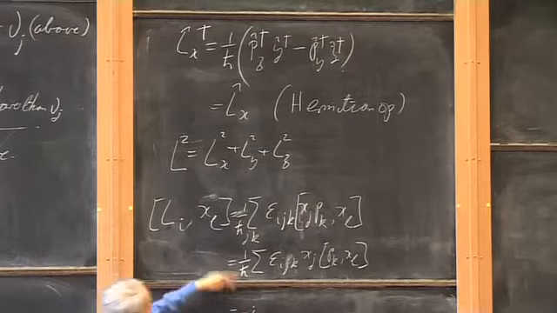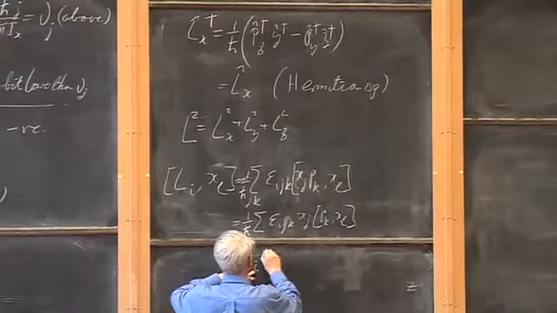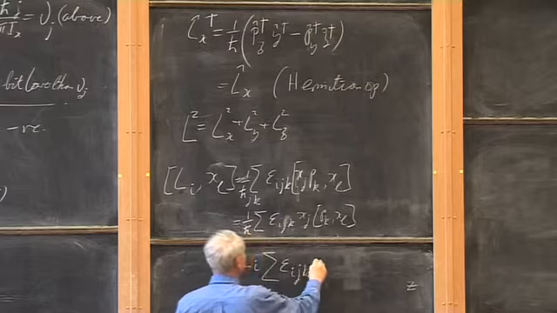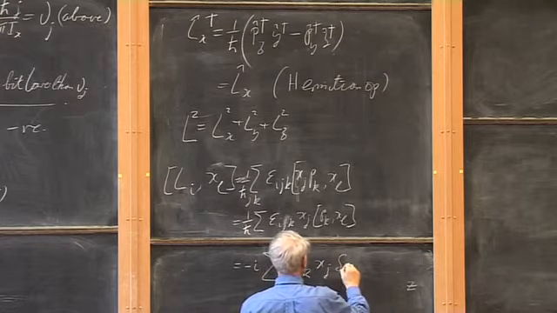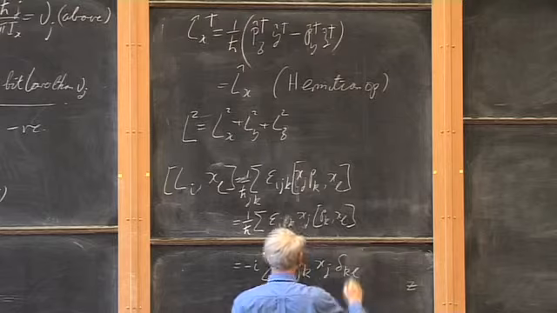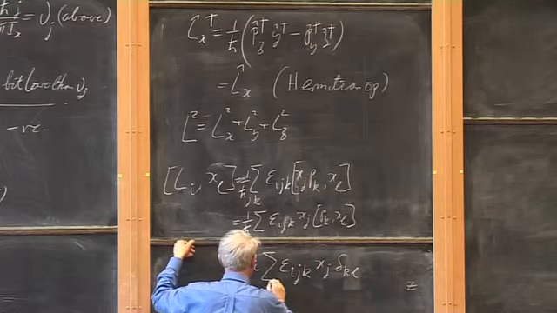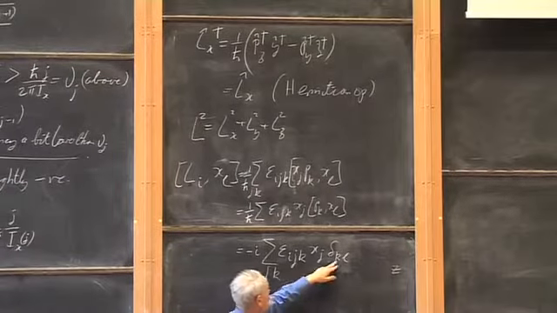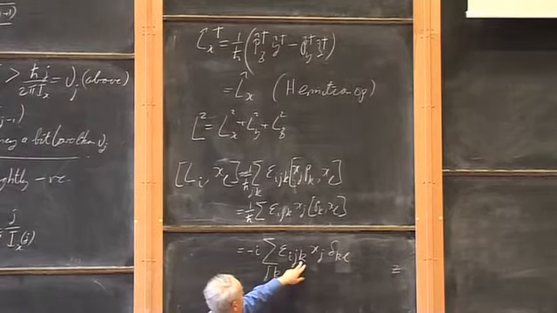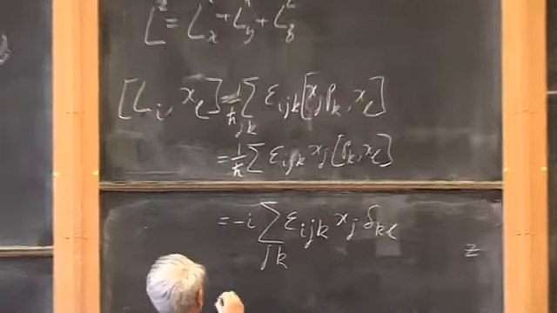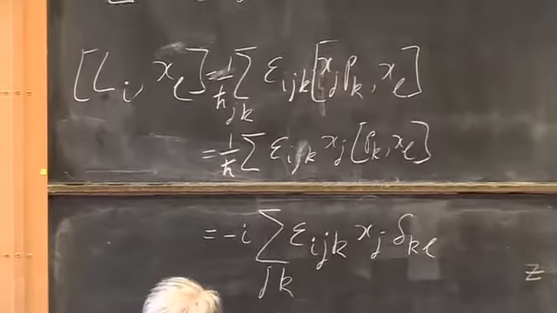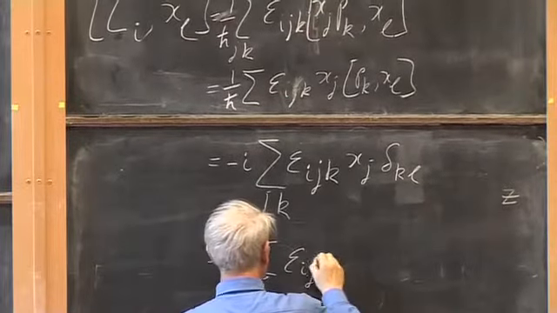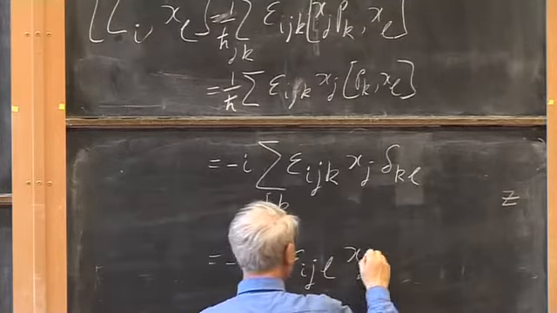The h bars cancel, the minus i sticks around and is a pain, times epsilon i j k xj delta kl. This is still summed over j and k. When we sum over k, this becomes an l. So this becomes minus i summed over j of epsilon i j l xj.